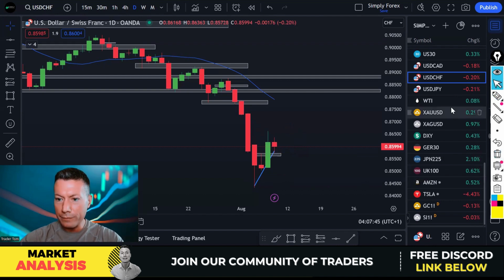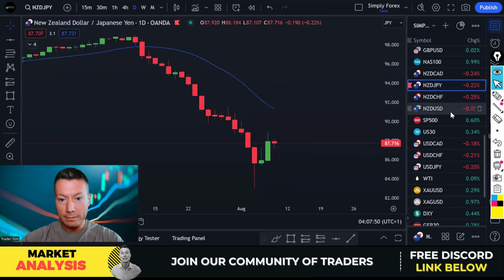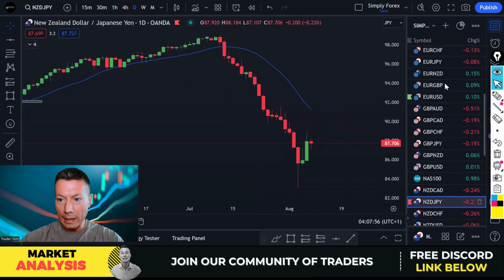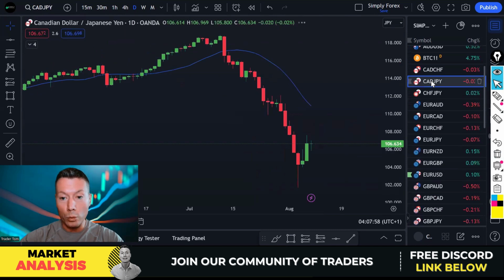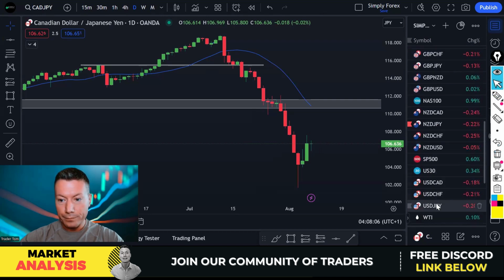So US dollar Swiss franc, I would consider buying. New Zealand yen, I would consider buying. It still has a bit of room. Canadian dollar yen. These are my favorite pairs out of all the overbought pairs. CAD yen, I would consider buying, and US dollar yen as well.